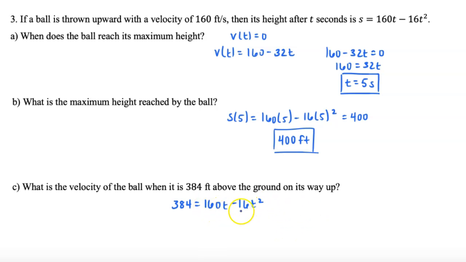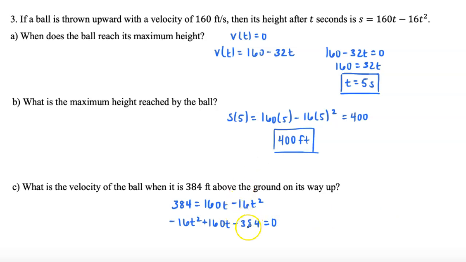Now I can do this in a few different ways. Let me get this 384 on the same side as everything else, and I'm going to order these from highest to lowest degree. So negative 16t squared plus 160t minus 384 equals 0.